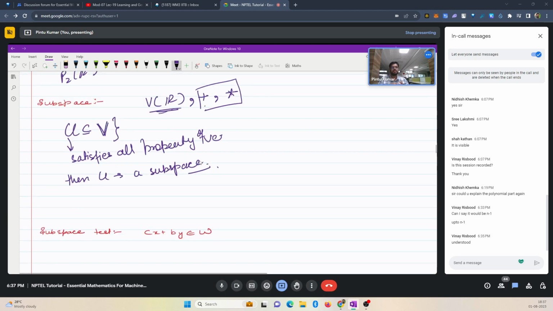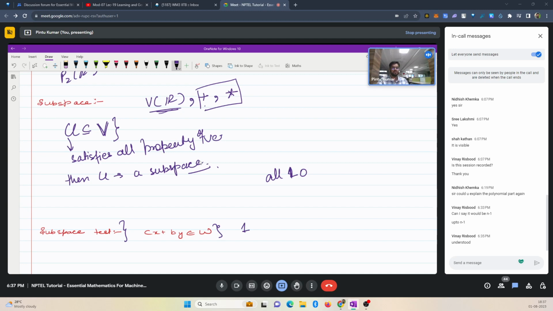Now why I have introduced subspace is, if you know a bigger set is, let's say, a vector space, then in order to check a subspace, you need not check all 10 properties. You just need to check this one particular property and you will be done with it.